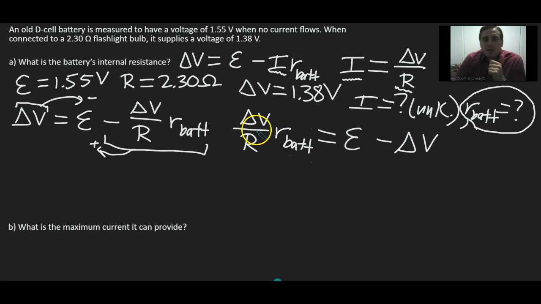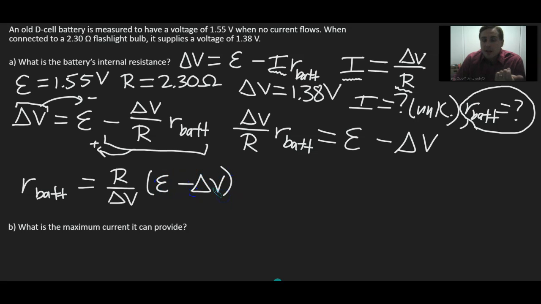Multiply by the load resistance, divide by delta V. So that should be resistance of the battery equal to load resistance over delta V times EMF minus delta V. And that's algebra.